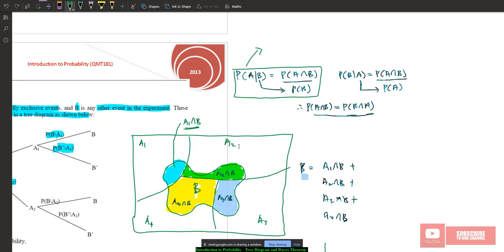If you twist it, and you want to find the probability of A intersect B, you bring B over, so it should be the probability of B multiplied by the probability of A given B. Same goes for this one: the probability of A intersect B should be equal to the probability of A multiplied by the probability of B given A. So you just twist the formula.